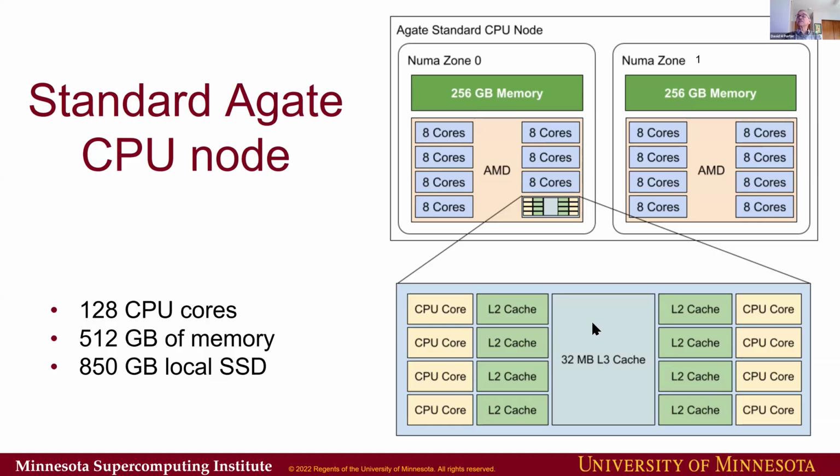The idea here is that there's quite a lot of resources, even on a single node: 128 cores, typically 512 gigabytes of memory, and an aggregate of 16 of these 32 megabyte caches, for a total of 512 megabytes of third level cache that's local to the sets of 8 cores.